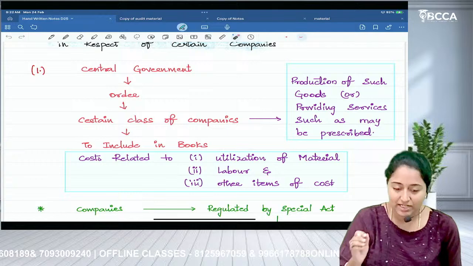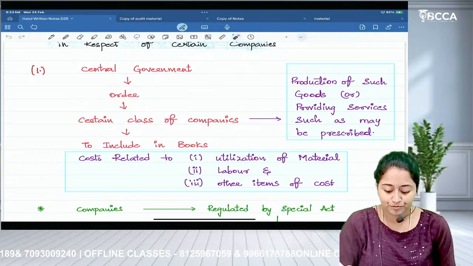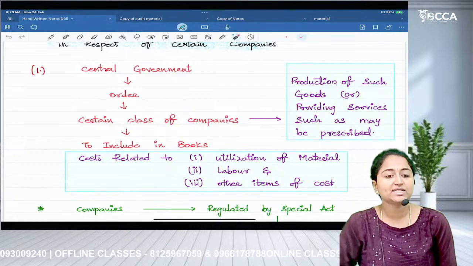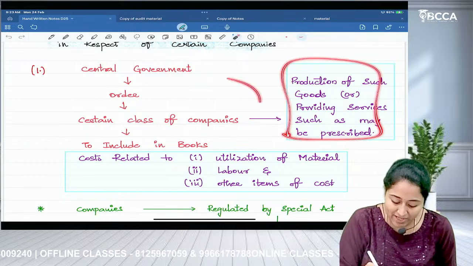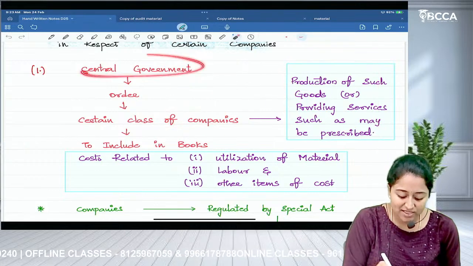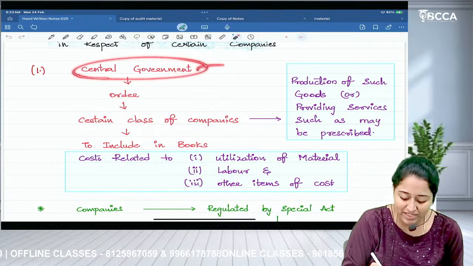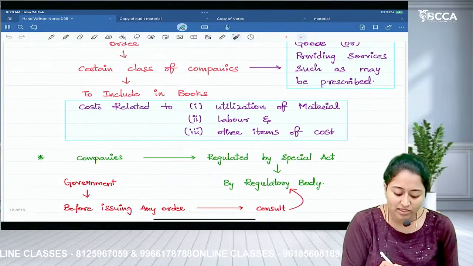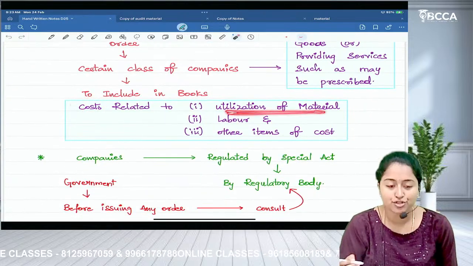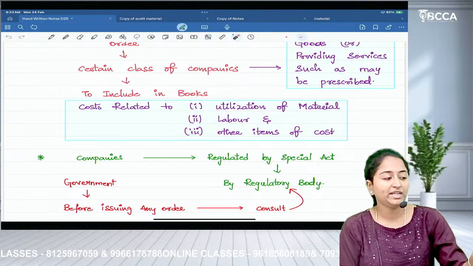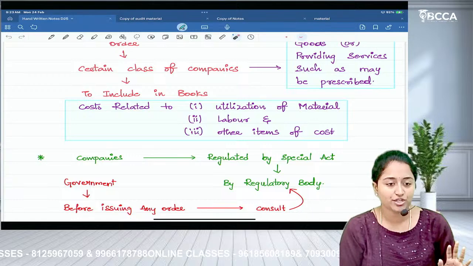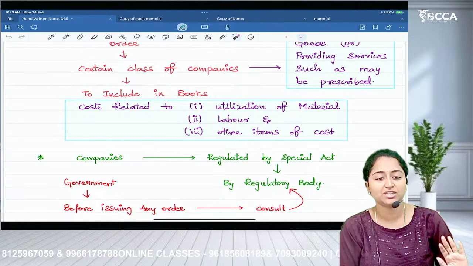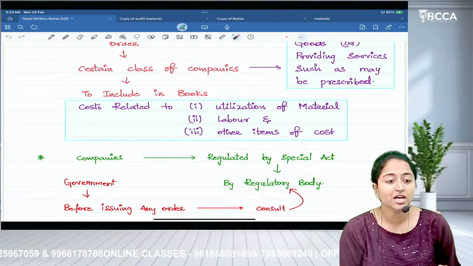Now, if any company or industry is into production of such goods which are in that particular list, or is providing services as may be prescribed, it will be called a class of companies. So what can the central government do? The central government can order this class of companies to include in their books cost related to utilization of material. How the material is being utilized in their production, whether there is underutilization or overutilization, or whether they are optimally utilizing the resources.